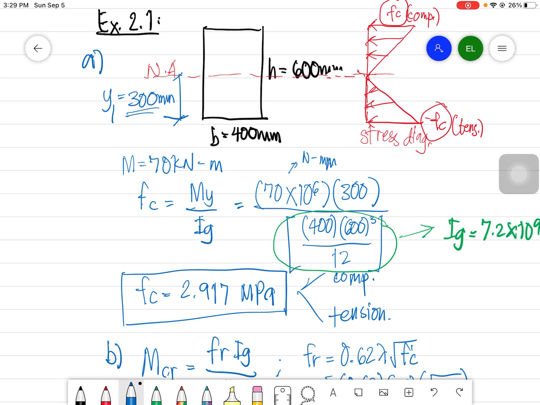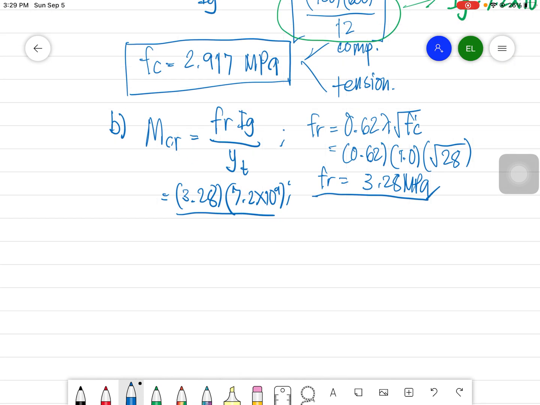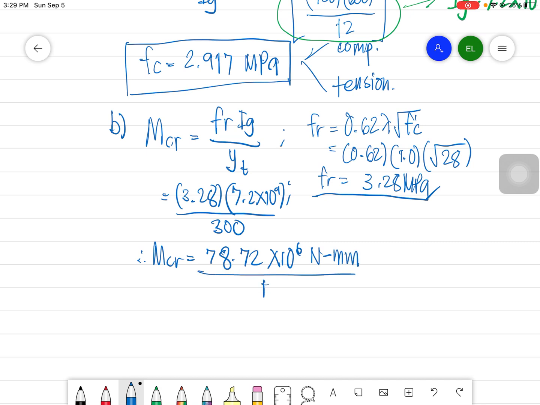This is our yt, guys, or this is also the y bottom, because this is the tension side. So this is 300. Therefore Mcr is equal to 78.72 times 10 raised to 6 Newton mm, so divided by 1000 squared.